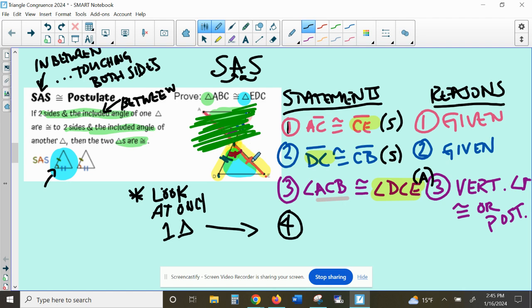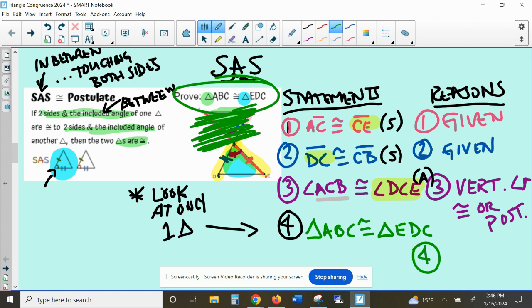So I can prove these 2 triangles congruent, which is what they wanted us to do. Triangle A, B, C is congruent to triangle E, D, C. And my reason is because of side, angle, side congruence postulate.